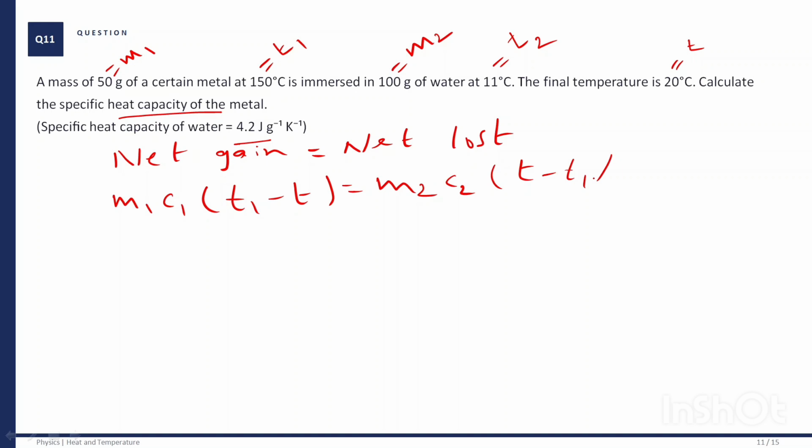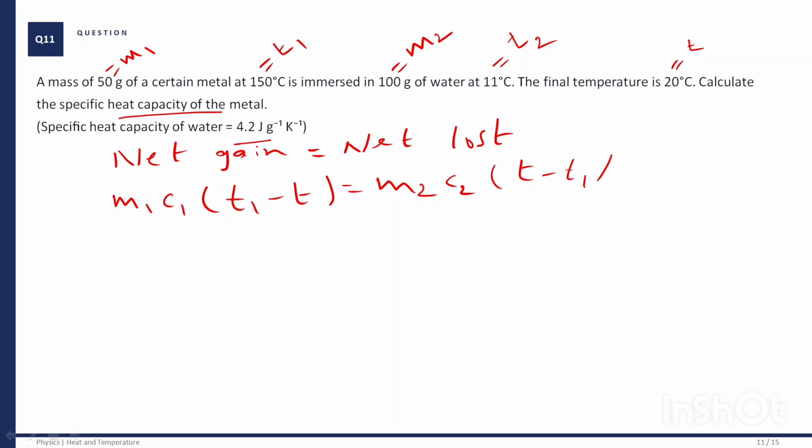T2 is the lowest temperature, T is the moderate temperature, where M1 is the mass of the highest temperature body, M2 is the mass of the lowest temperature body. Where M1 is the mass of the certain metal, M2 is the mass of water, and we have to find the specific heat capacity of the metal.